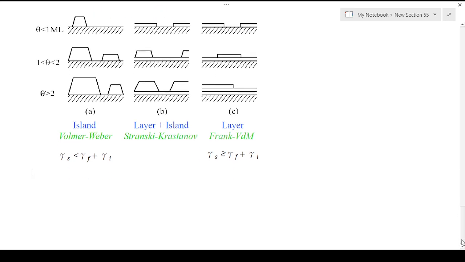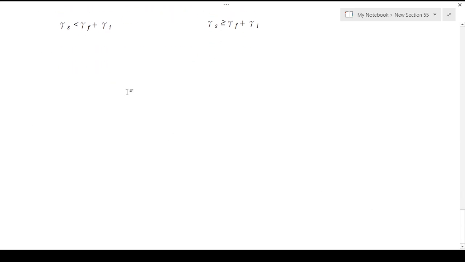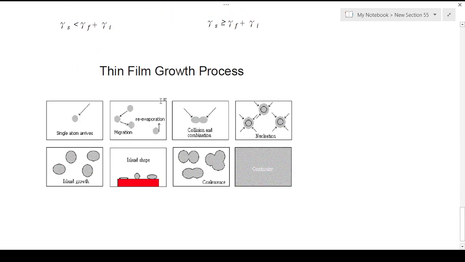Here you can see in the figure the thin film growth process. Initially a single atom arrives, and single atoms continuously come and migrate. As we have seen, there is re-evaporation of atoms, and there will be collision and combination of different atoms on the surface, and the nucleation process starts. Once two atoms collide they can combine, and this combination results in nucleation, producing two or more nuclei.